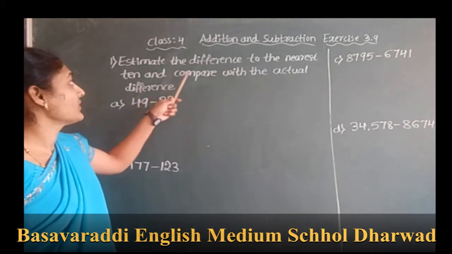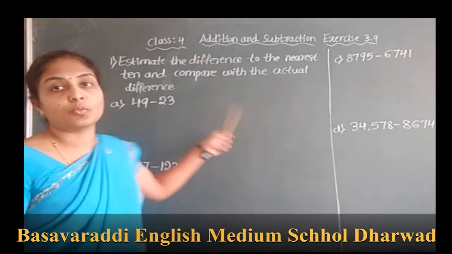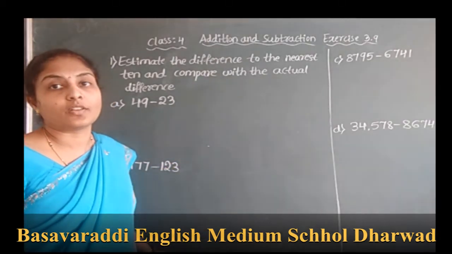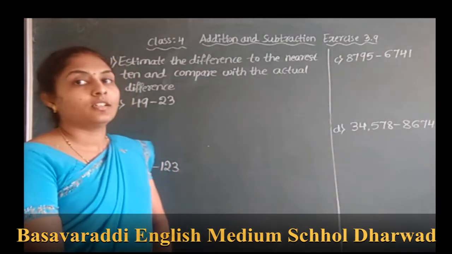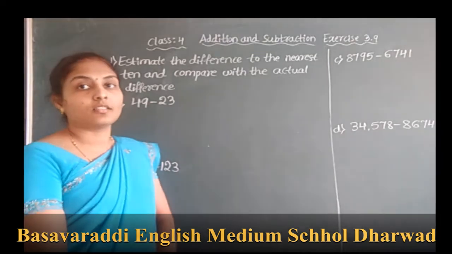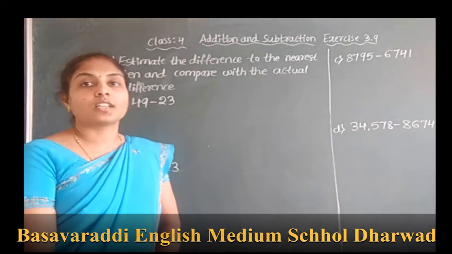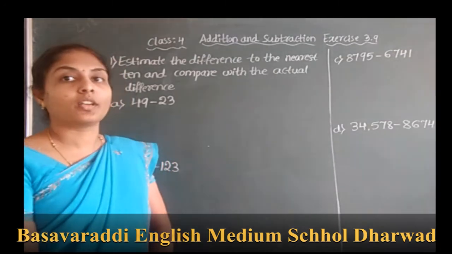We have to first estimate the given numbers, and one more step, that is to find the actual difference. In the 3.4 exercise we did the same kind of problems in addition. Just apply those rules in exercise 3.9 also.